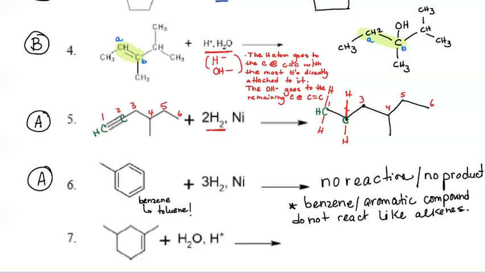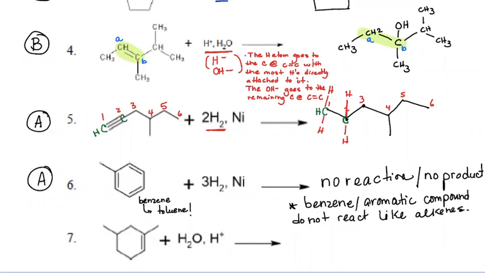If you put an alkene under hydrogenation conditions, that will produce a product, but a benzene ring does not. Also, if you take a benzene ring and put it under hydration conditions, also a no-go. But I just wanted to illustrate that, okay?